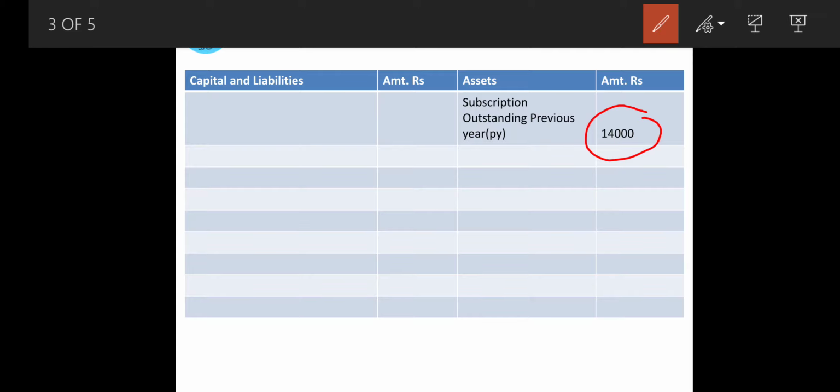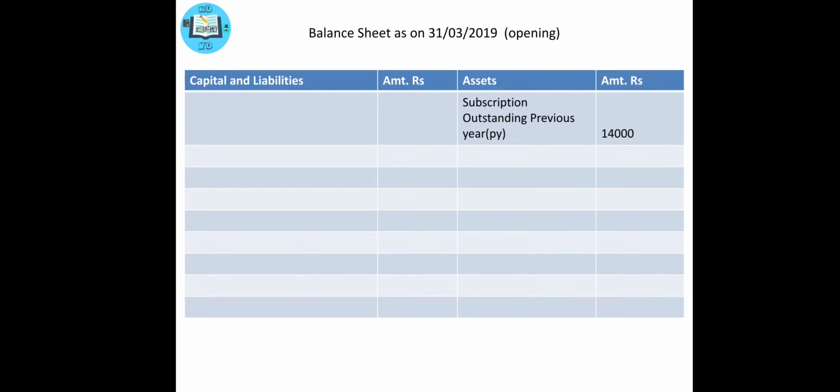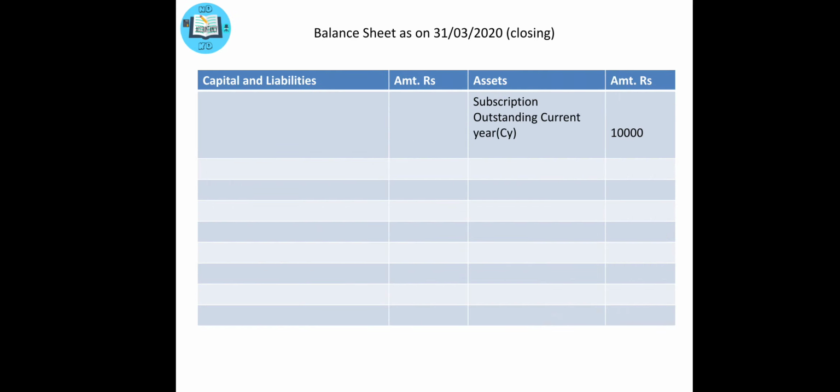So this way that ends your sum. So on the asset side we are transferring the outstanding subscription, and on the credit side of income and expenditure we are transferring the subscription.